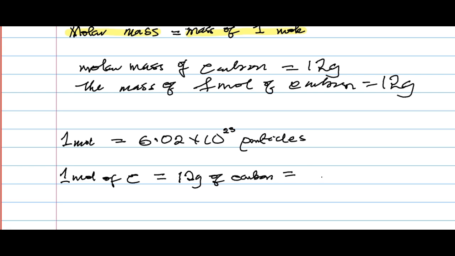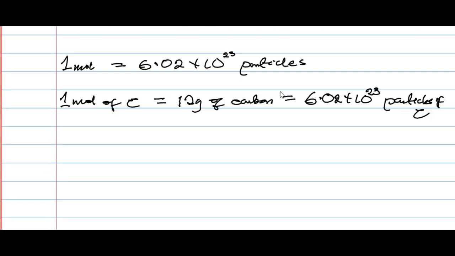And how many particles are we going to have in 12 grams of carbon? We are going to have 6.02 times 10 to the power of 23 particles of carbon, in that 1 mole of carbon. So you can use this now for any calculation.